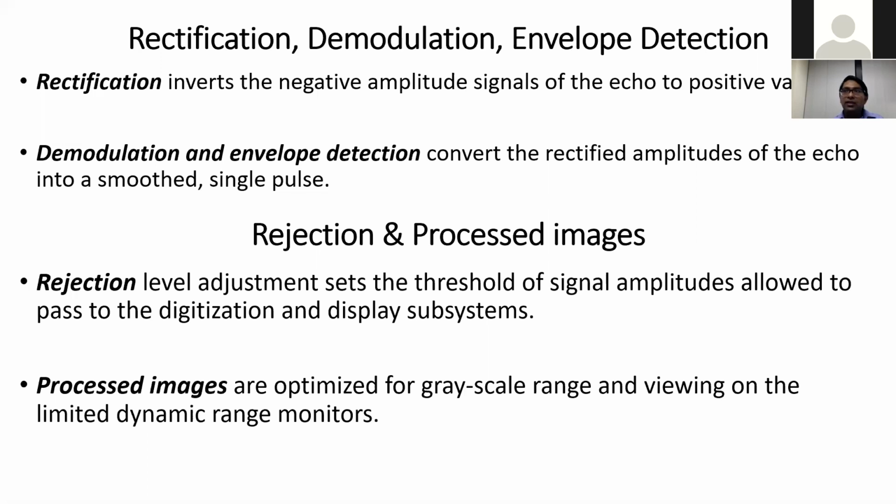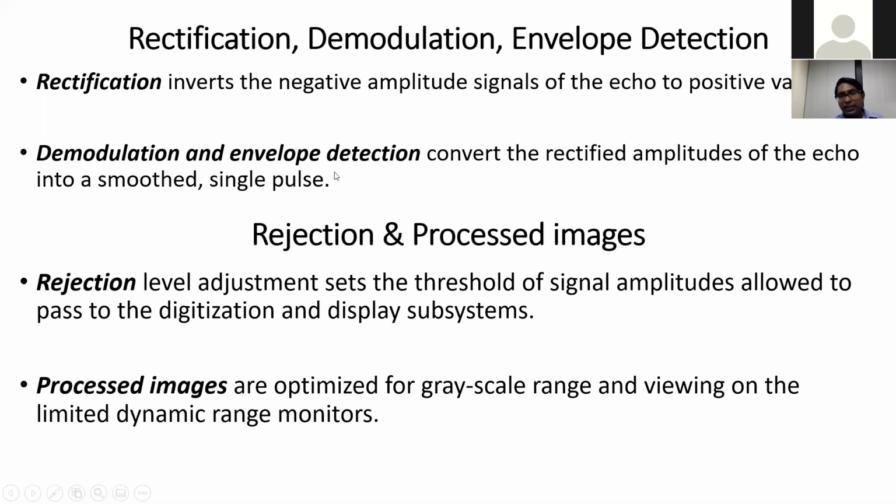So the signal is basically carried on a center frequency or a carrier frequency, and what's happening inside the medium is that the frequency is changing as the signal comes back to us, and we can demodulate that signal and remove the effect of the carrier frequency and then look at the signal at a baseband level.